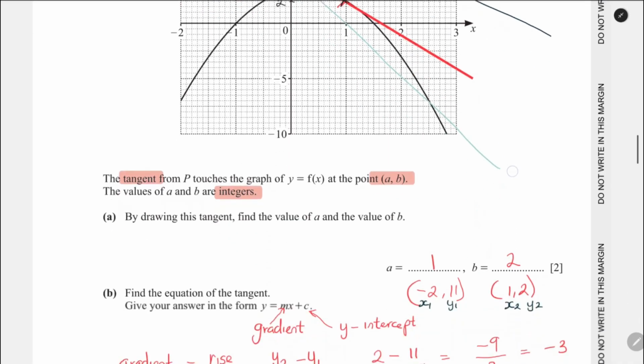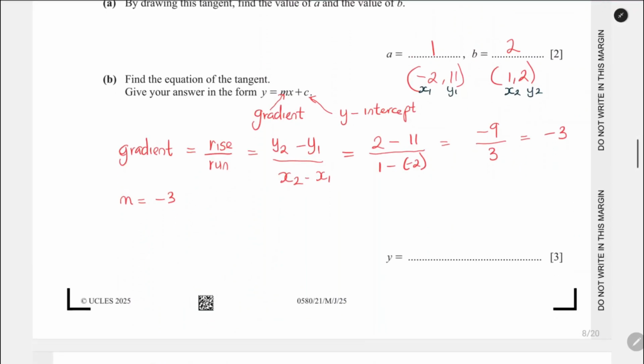It's 5. Therefore, the equation of this line in the form y equals mx plus c will be y equals minus 3x plus 5.